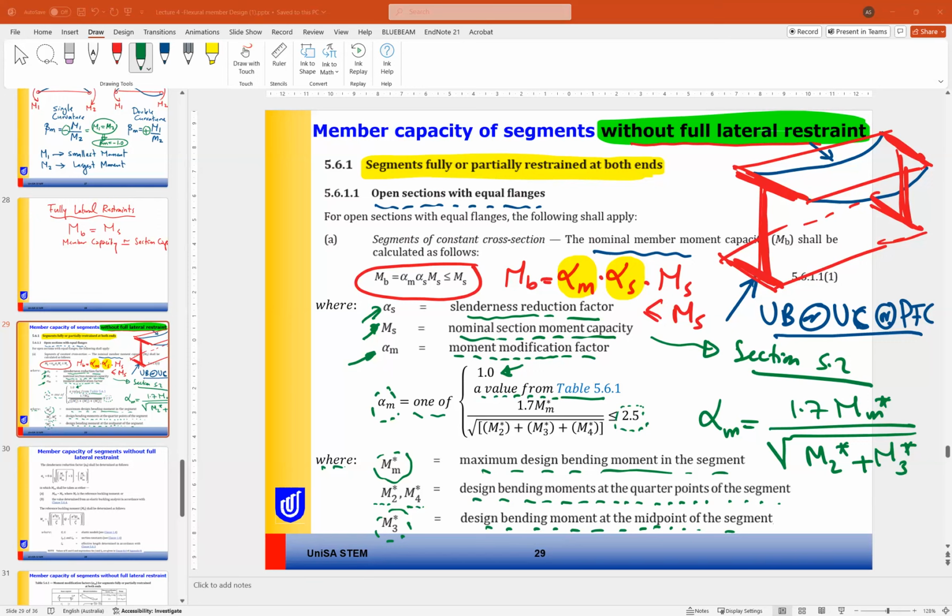Okay, we just made them squared here, so M*2 squared, M*3 squared, and M*4 squared. I just need to update this one, so this is for alpha M.